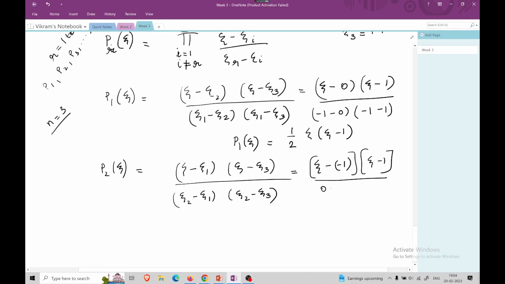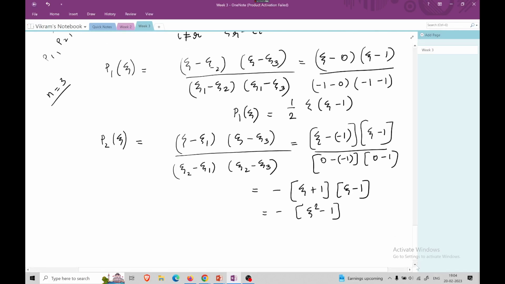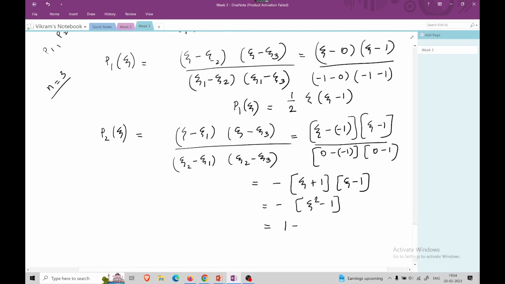So eta 2 is 0 minus of minus 1, then this is 0 minus 1, which means this is plus 1, this is minus 1. So you have minus in the denominator, it goes up to the numerator, eta plus 1 into eta minus 1. So this is minus of eta square minus 1, which becomes 1 minus eta square.